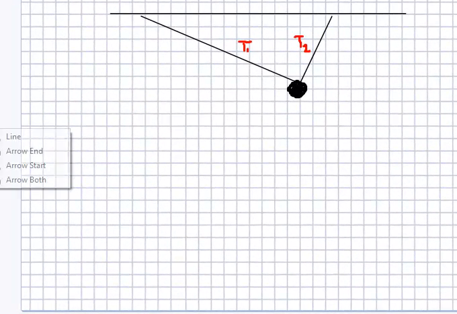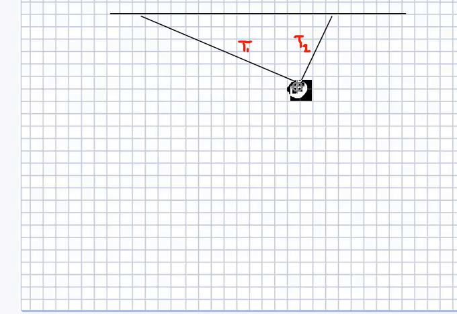So it's helpful to begin by thinking about the x components of each tension force, because it makes sense that the x component of T1, whatever it is, has to be absolutely equivalent to the x component of T2.